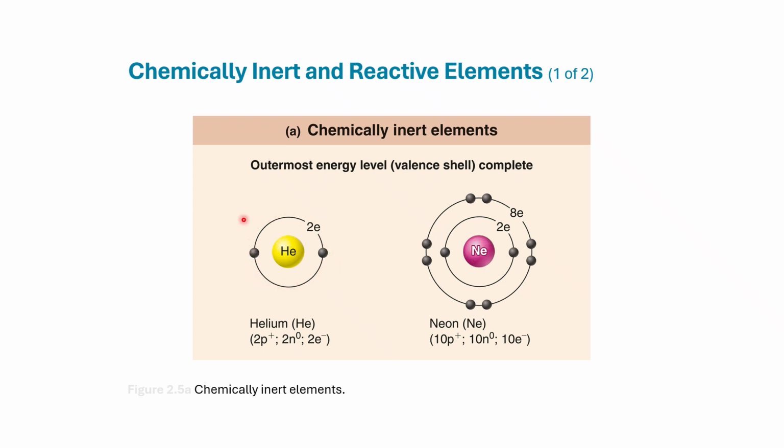So that means it's full. It's not wanting to do anything. It's stable. Neon has 2 in the first shell and 8 in the second shell. So that's complete. It's not going to want to try to take electrons or give electrons to form chemical bonds. So these are not going to be very reactive elements. They're considered stable.